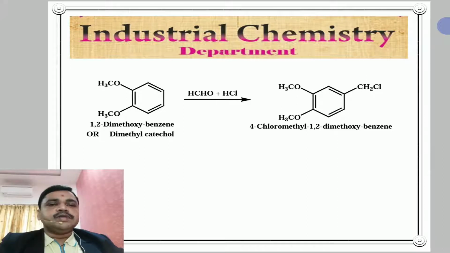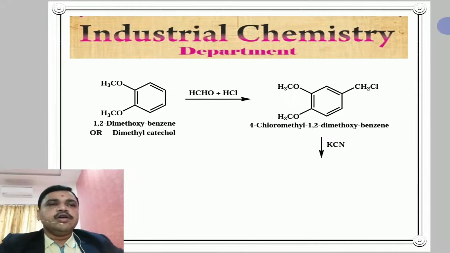CH2Cl group is introduced and we get 4-chloromethyl 1,2-dimethoxybenzene. Now this 4-chloromethyl 1,2-dimethoxybenzene is treated with potassium cyanide, KCN.